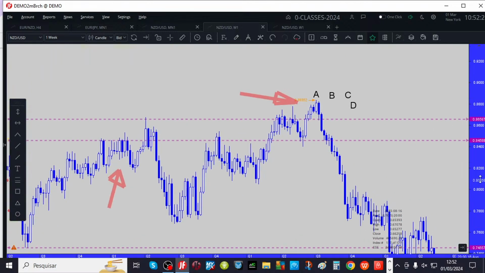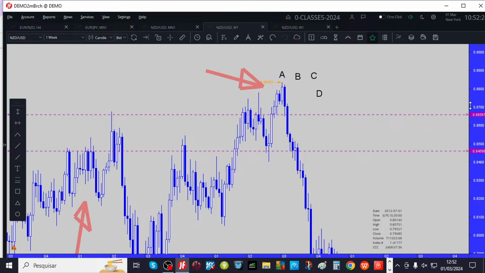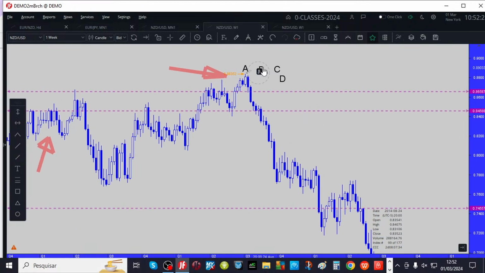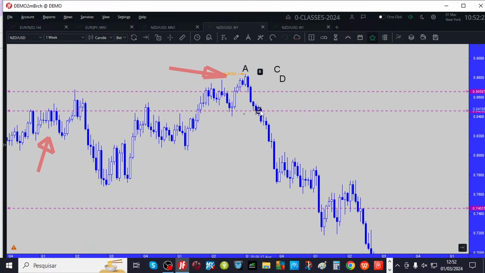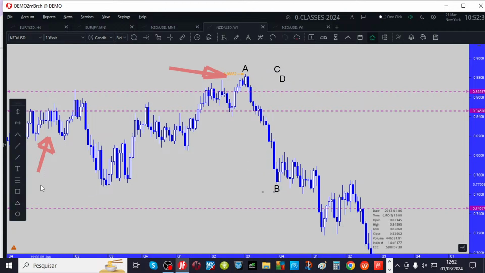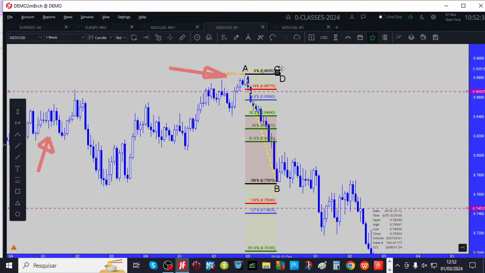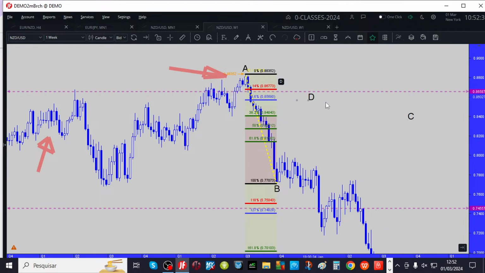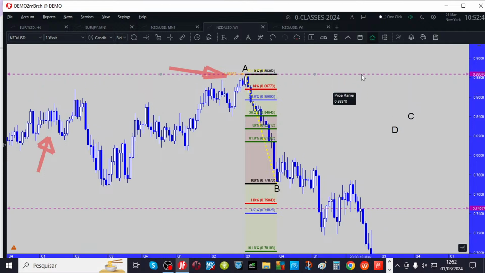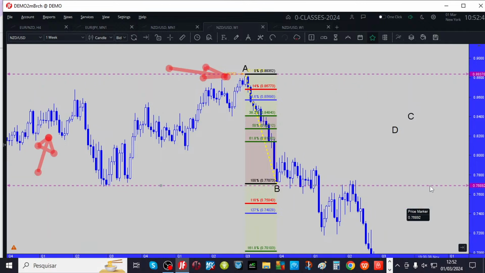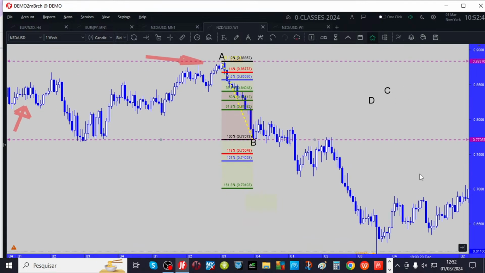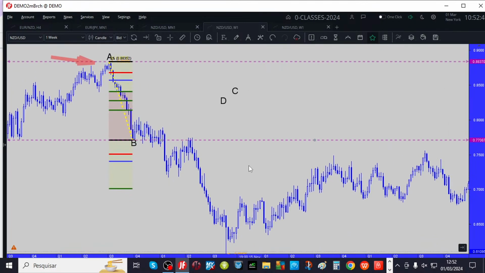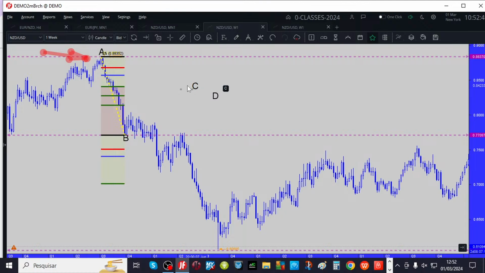If you zoom in, that's the A, and finding the first low as soon as possible, that's the B. B to A, and the game starts again. And it really is a game. A to B. Alright? A to B.